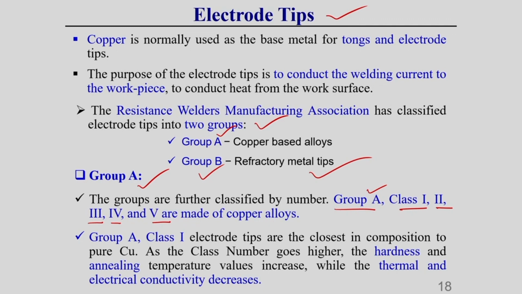What I am telling, understand? Because some alloying composition is generally added there, its hardness and annealing temperature change. That is why the higher the number, the higher the hardness value, but once hardness and annealing temperature increase, its thermal and electrical conductivity decreases. This you just keep in mind.